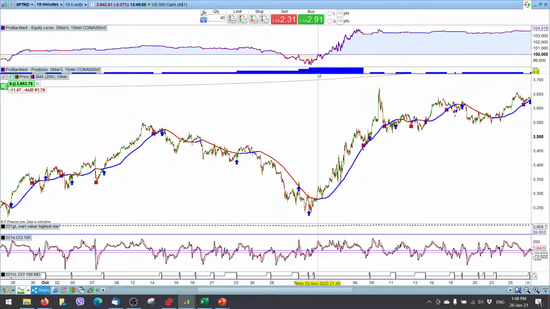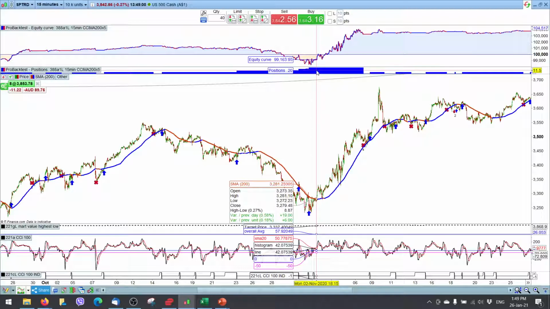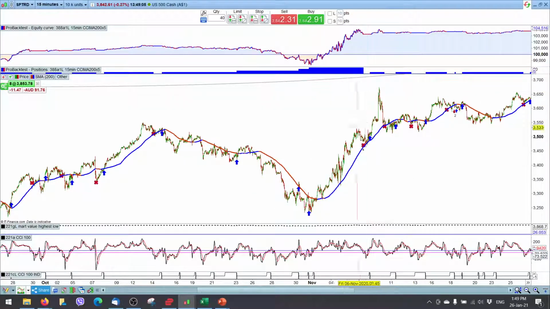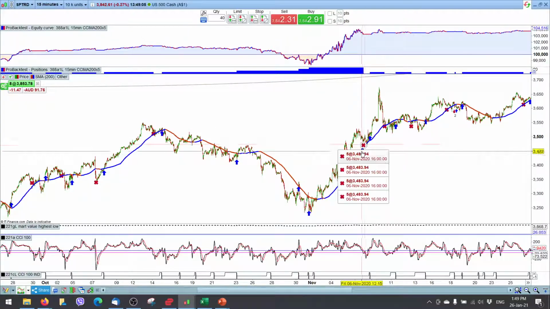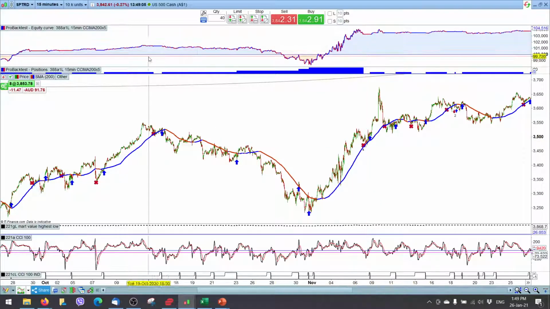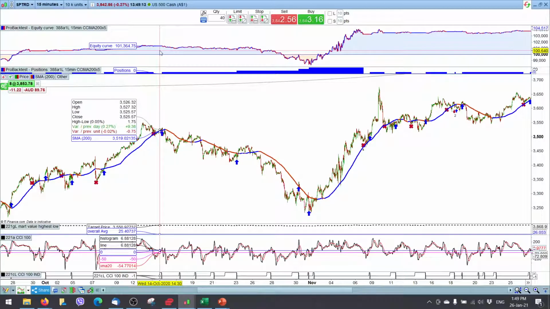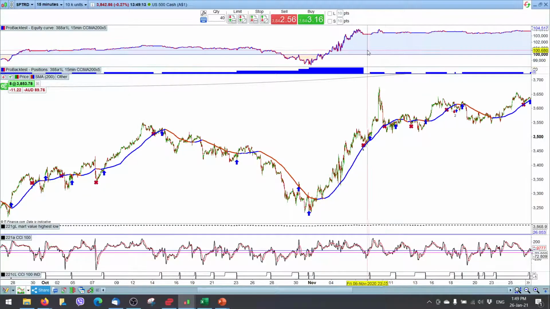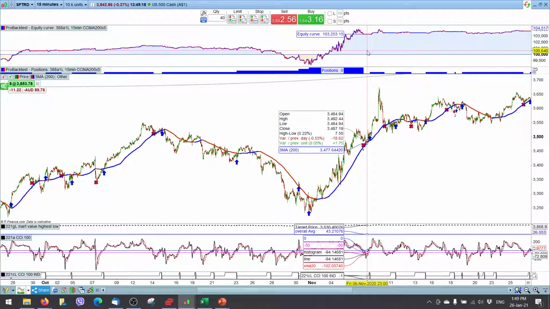We got out with, I'll just hover over that, you can see 20 positions were opened. Okay, and we closed out with a profit at that point there. So you can see there, we started off at our account value at 1364. We closed out at 3253.